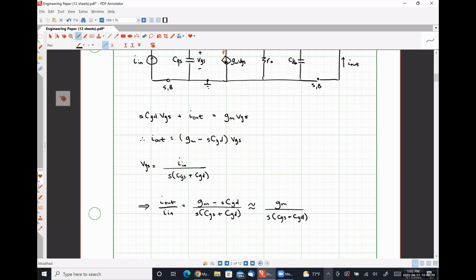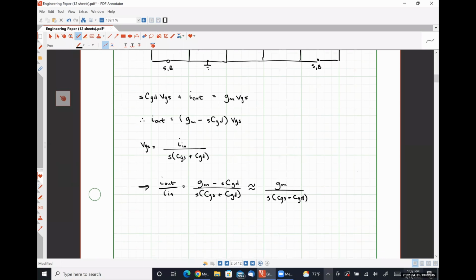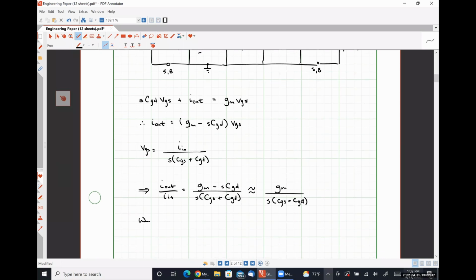The magnitude of this gain approaches 1 at a frequency of omega T equal to gm over CGS plus CGD, or approximately gm over CGS, since usually our gate source capacitance is much larger than our gate drain capacitance.